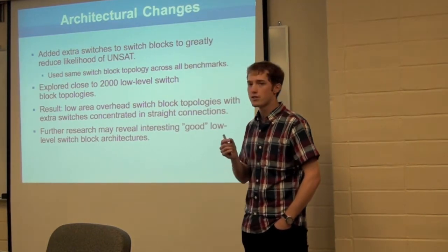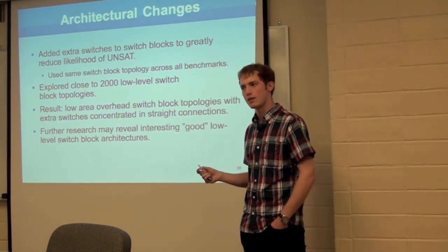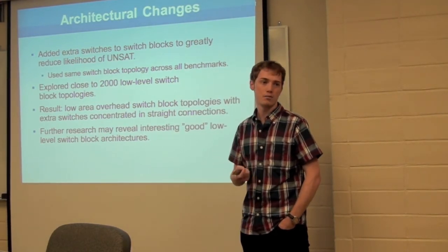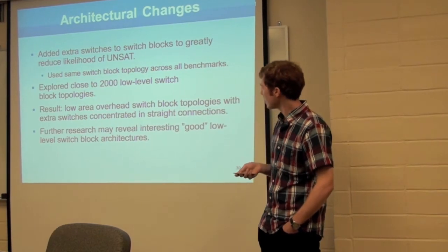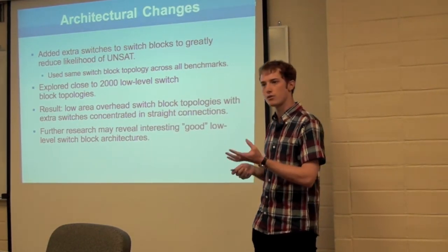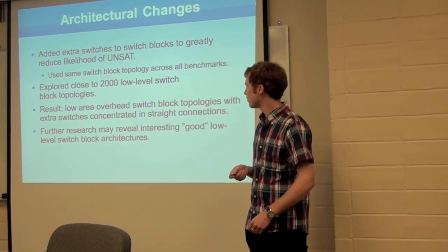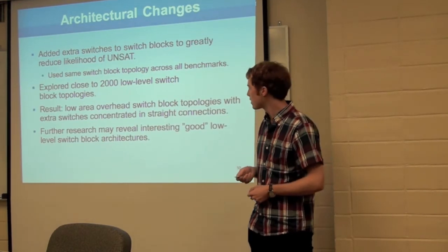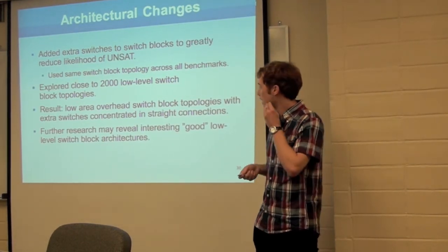If it was SAT for every single benchmark, we said that architecture was successful. And if it was unsat for at least one benchmark, then it's unsuccessful. We explored a range of switch block architectures, around 2,000 that we generated, which is not that many given the overall solution space, but it gave us some idea.